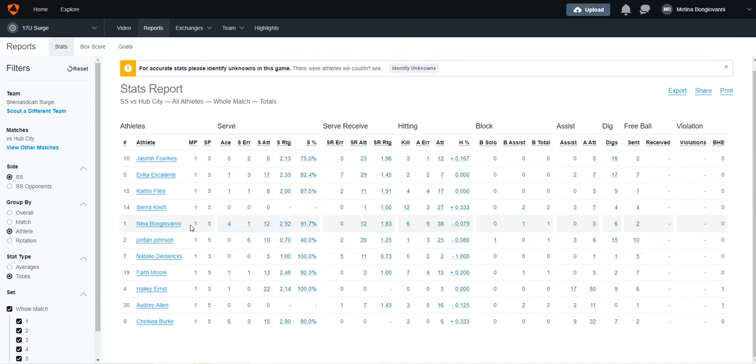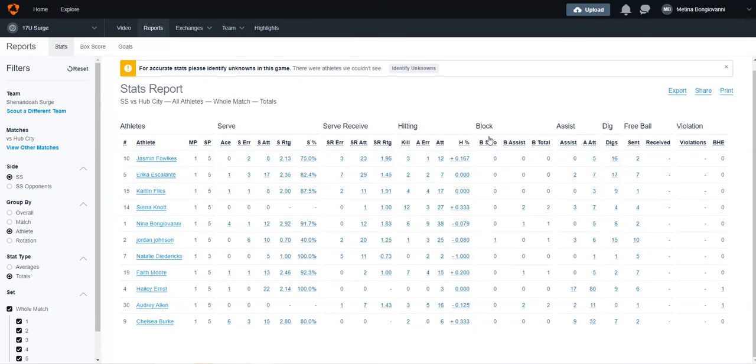Here it just gives you a breakdown of your matches played, sets played, how many aces, service errors, service attempts, service ratings, the serving percent, all the way to serve receive, hitting, blocking, assists, digs, free balls, violations, and so on and so forth. Most of it is self-explanatory.